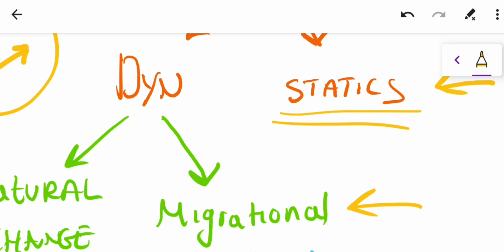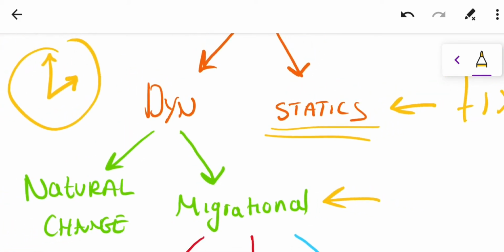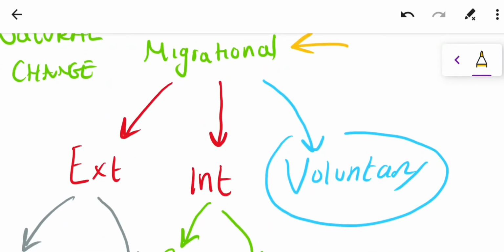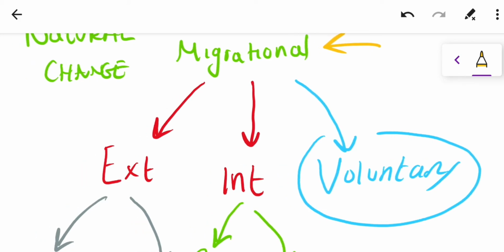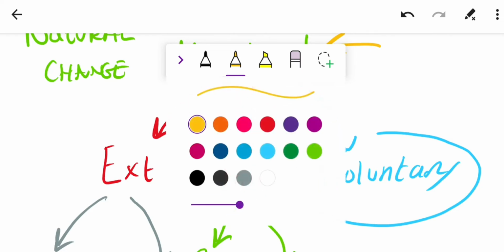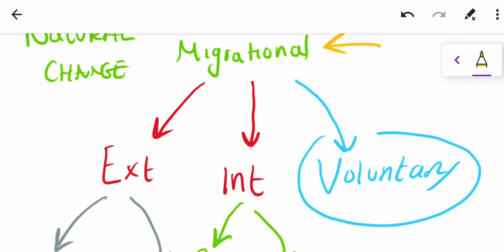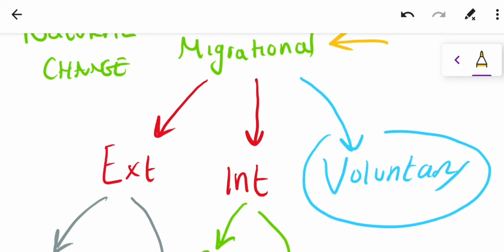So I'm a bit confused, and I'm not too sure what answer to go with, but nevertheless, in the lecture, okay, the answers which are said to be under migrational is external and internal.